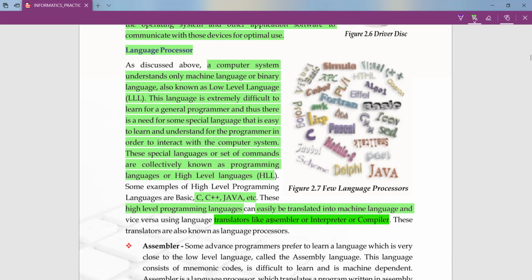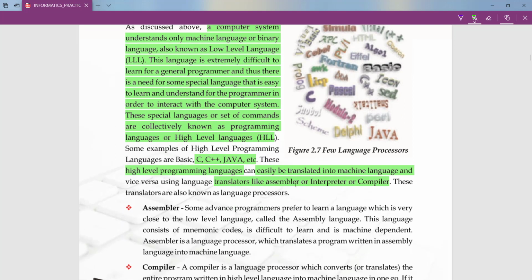So now we understand about the assembler, interpreter and compiler, and how each is processed. So we have these three language processors, or you can say translators: assembler, interpreter and compiler.